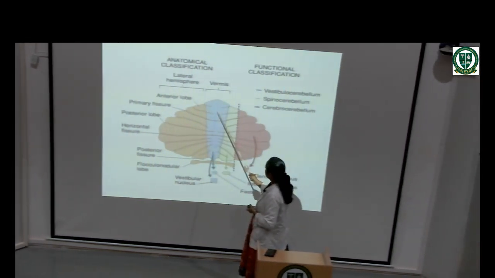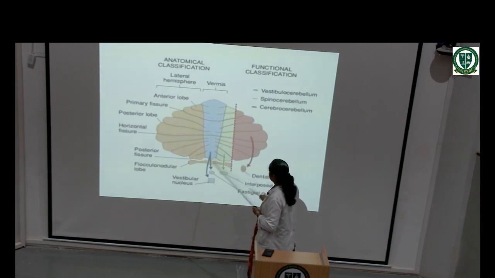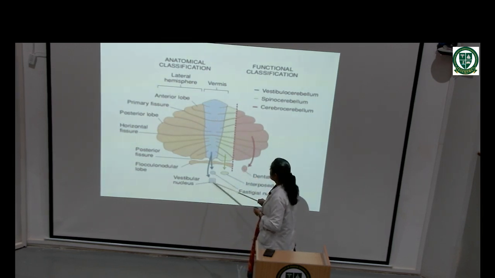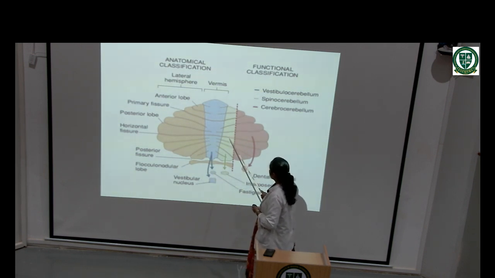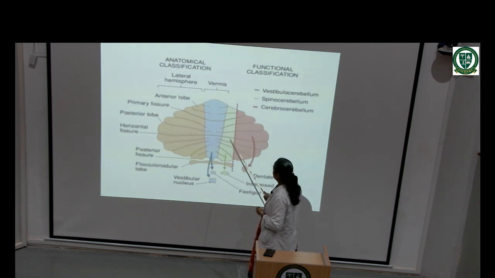Now the vermal zone is mainly connected with the nucleus fastigii and the vestibular nucleus and is concerned with maintenance of equilibrium. The paramedian zone is connected with the nucleus interpositus and is concerned with the maintenance of posture and tone.